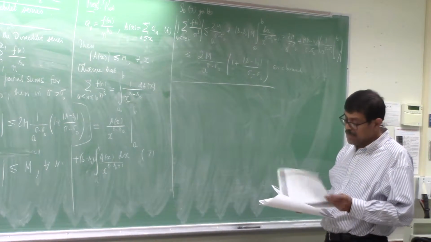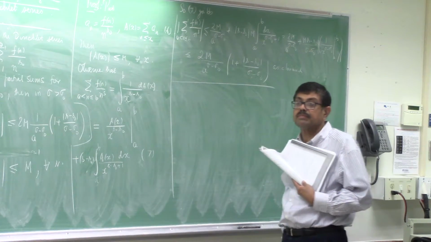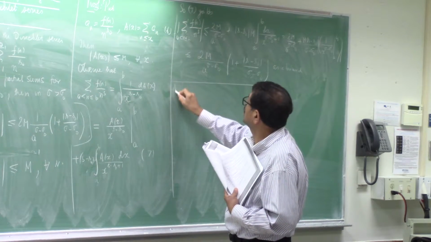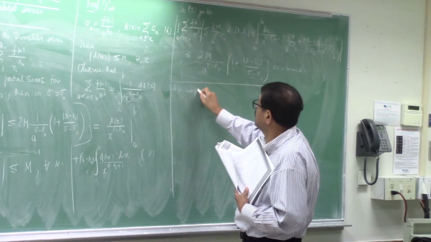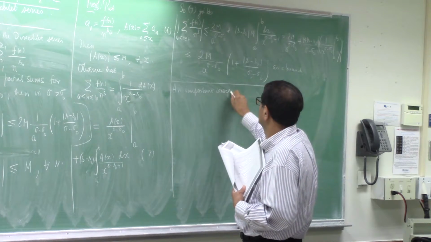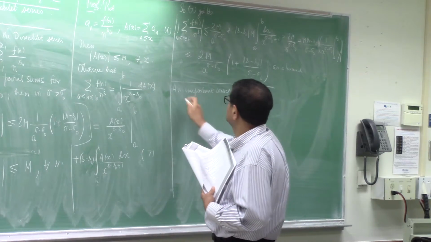So what does this mean? The important consequence, several. One of these is theorem 6.